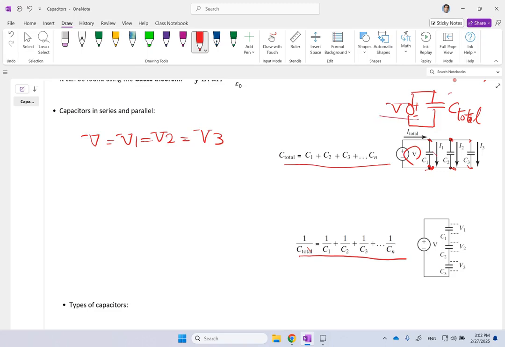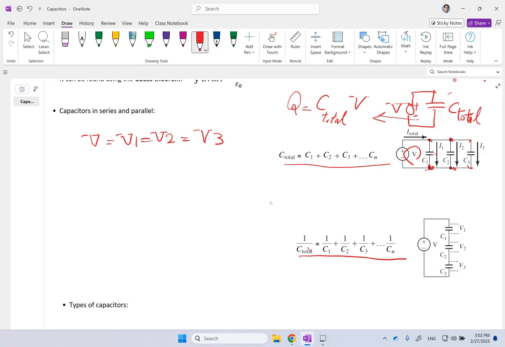In this case, if I say how much charge is stored on this capacitor, you say Q is equal to the C total times the V. Correct? That's the total charge that is stored on that equivalent capacitor.